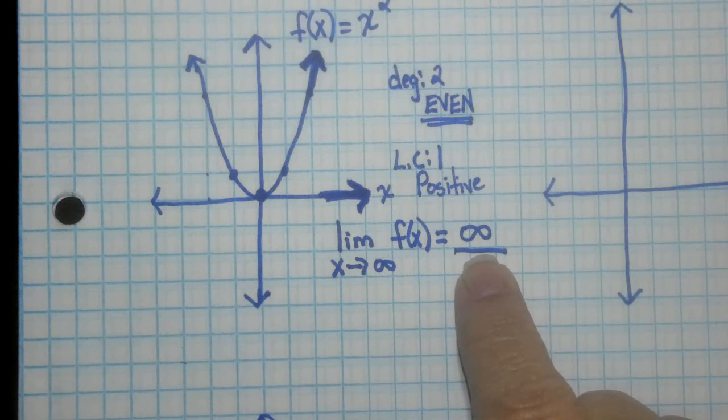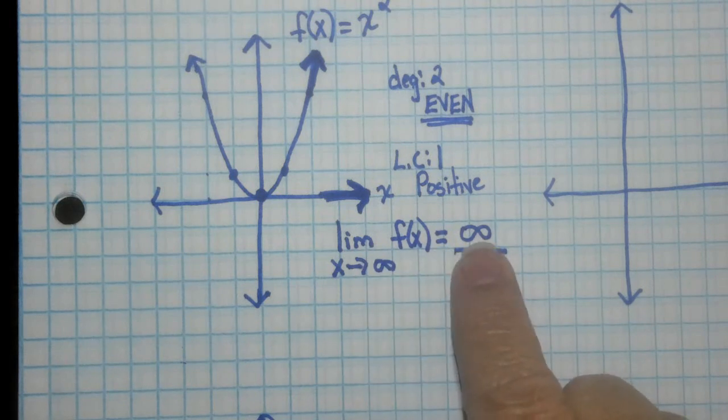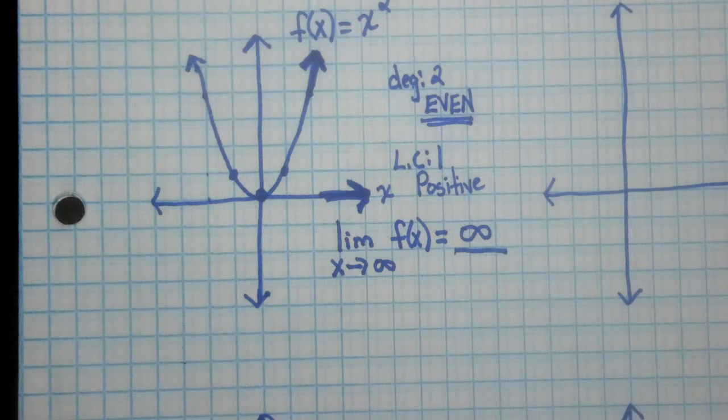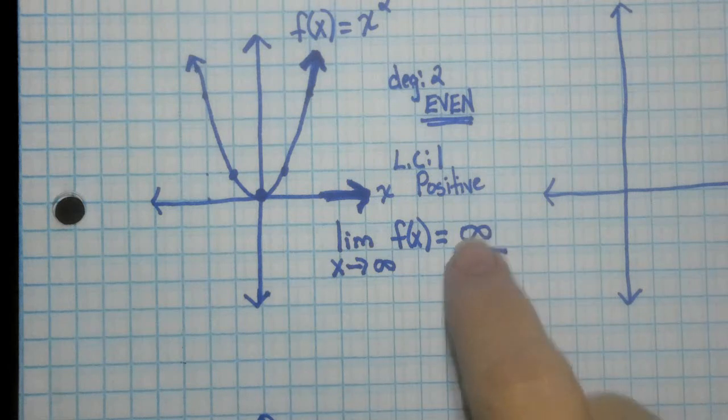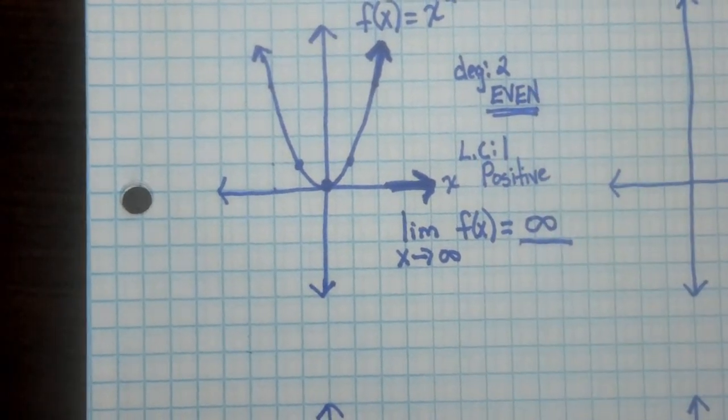But this is not saying that the function equals infinity. It says that the limit of the function is equal to infinity. So its limit, that's where it's headed, that's its ceiling, so to speak, would be at infinity. Alright, so that's the end behavior to the right-hand side.